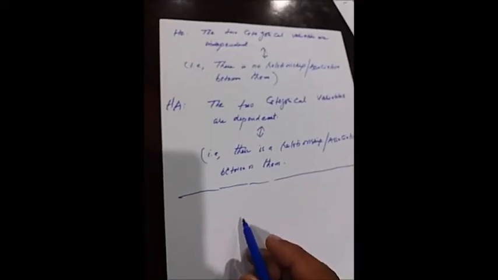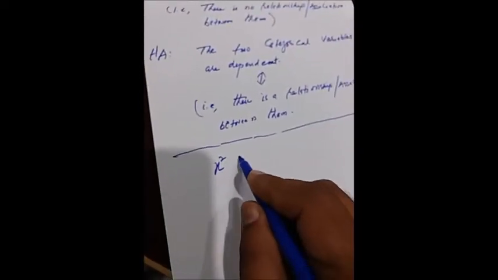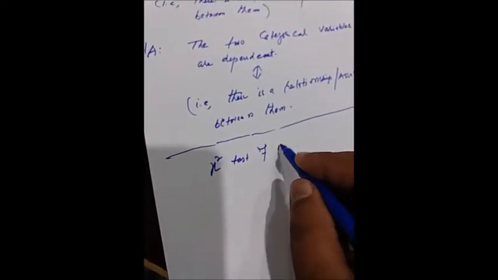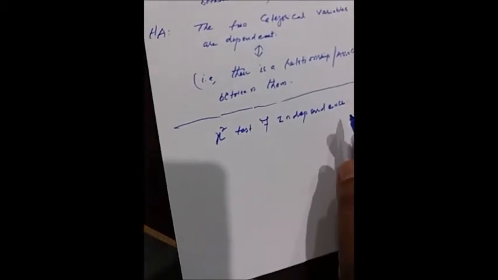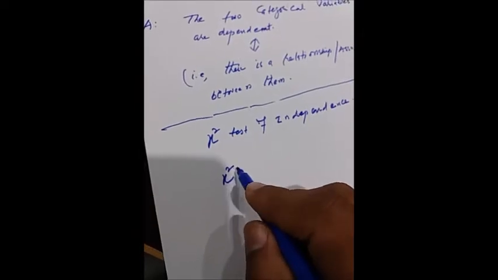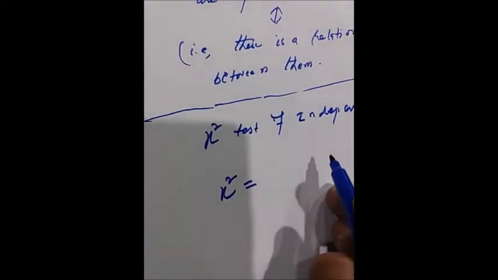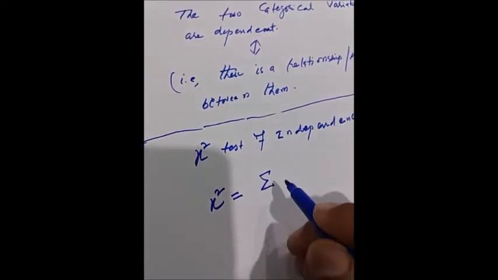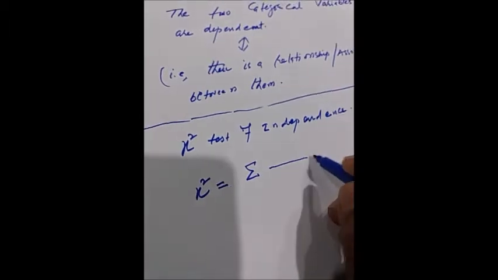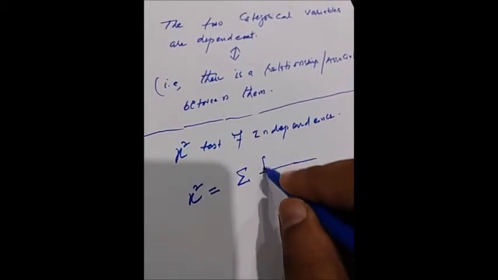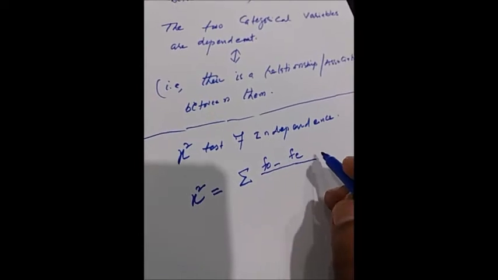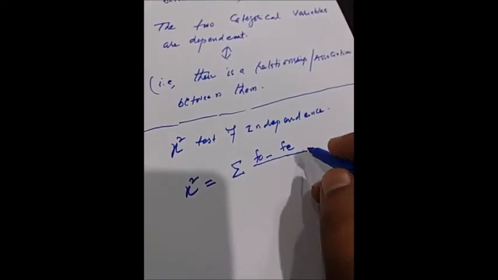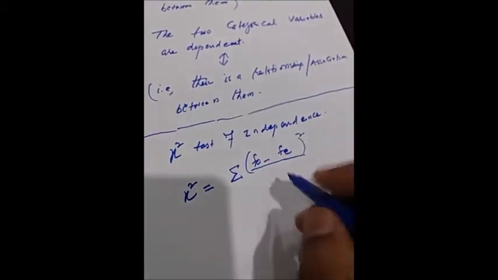The general formula is chi-square is equal to the summation of (FO minus FE) whole square divided by FE.